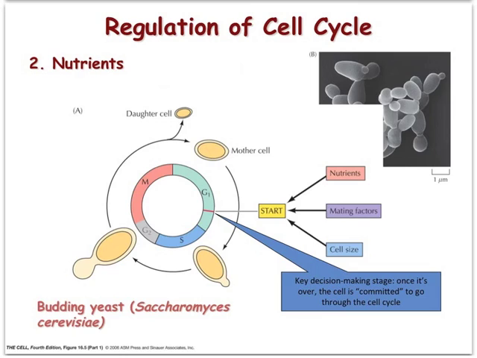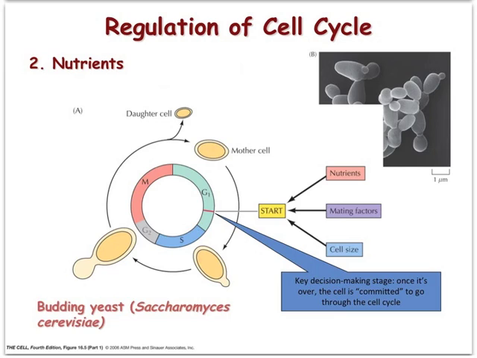The presence or absence of nutrients is another important regulatory signal that determines passage through the cell cycle. And again, in another type of lower organisms, the budding yeast, also known as Saccharomyces cerevisiae, this is the main signal driving passage through the cell cycle.